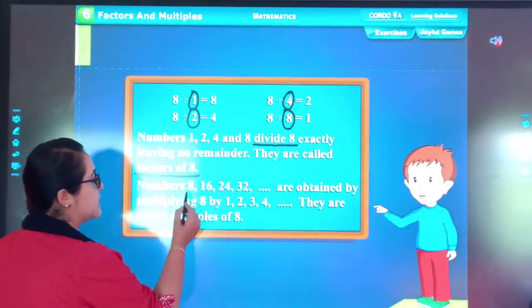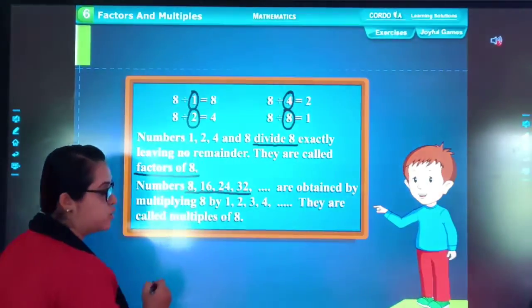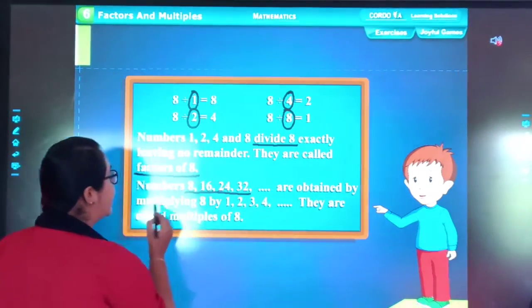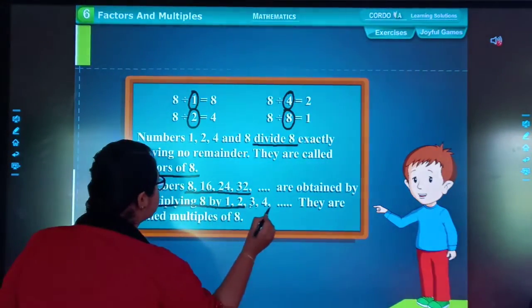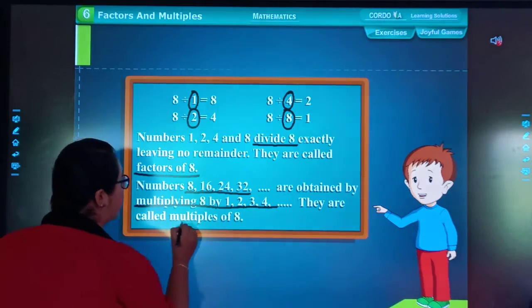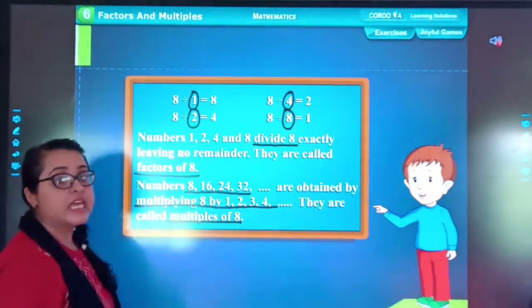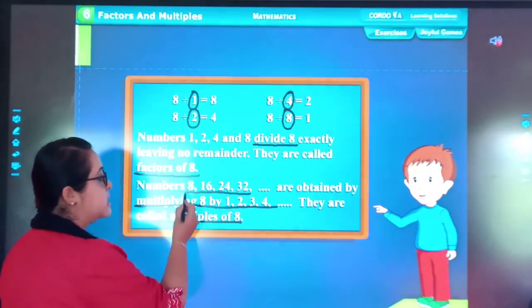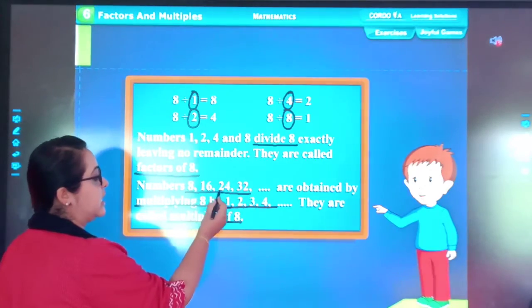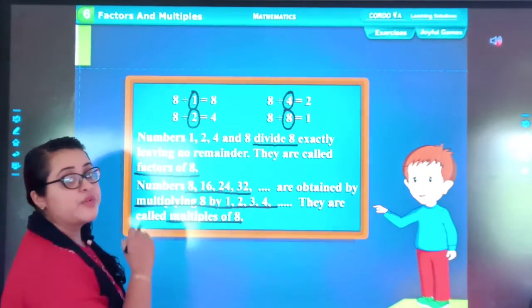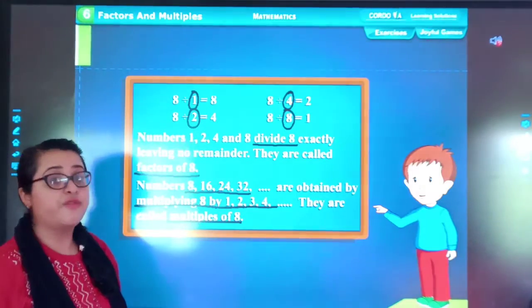Numbers 8, 16, 24, 32 are obtained by multiplying 8 by 1, 2, 3, 4. They are called multiples. That means 8 का table. 8 ones are 8, 8 twos are 16, 8 threes are 24, 8 fours are 32, 8 fives are 40.